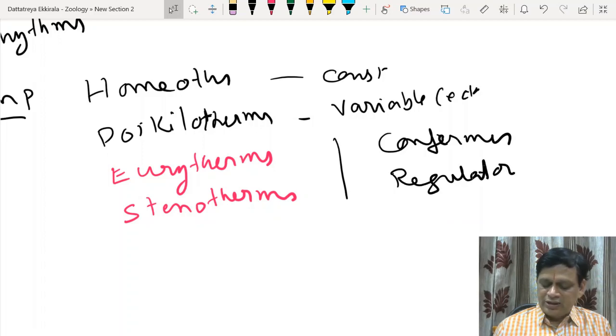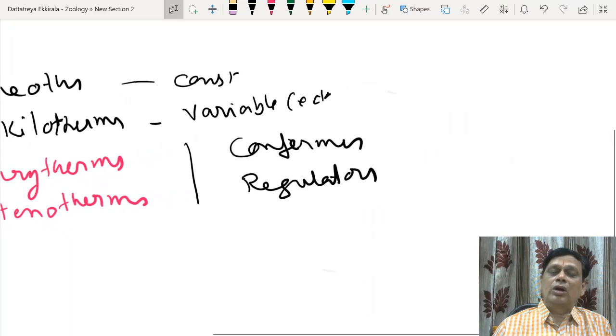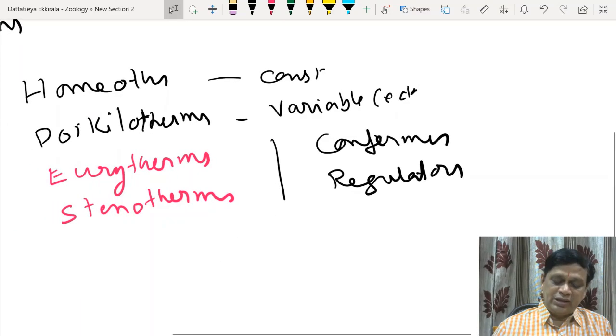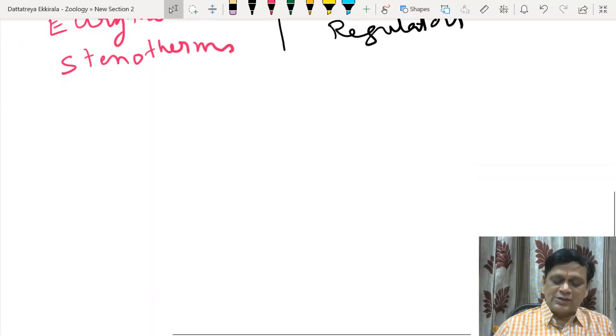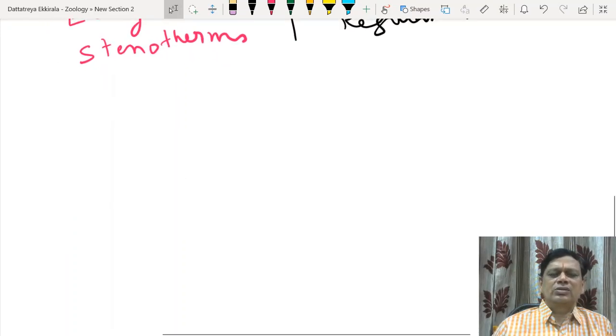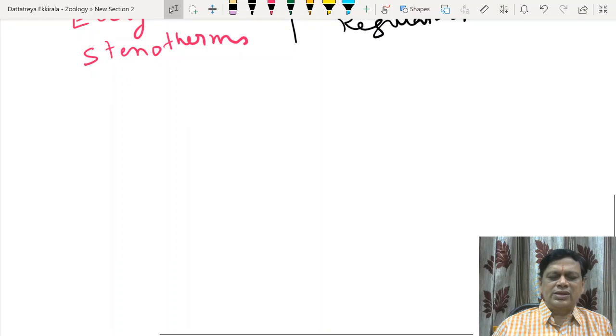Conformers or regulators is a term used not only with reference to temperature but also osmoregulation. Those which maintain are called regulators, which cannot maintain are called conformers, right? But it can be related to thermo or osmo, both the things. So like that, let us go to regulate adaptations at different points.